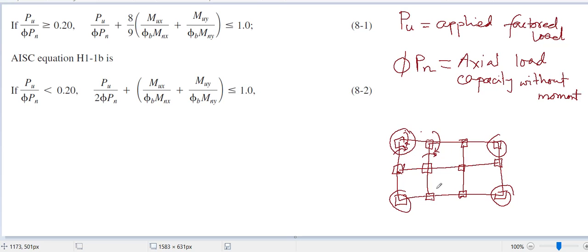Now something else: when we design a beam, we intentionally produce moment inside the column also. How? This column will not get any moment if the load here and here are equal. Sometimes we consider this floor empty and this floor loaded, then there will be some moment here. That way we intentionally create a worst case scenario.